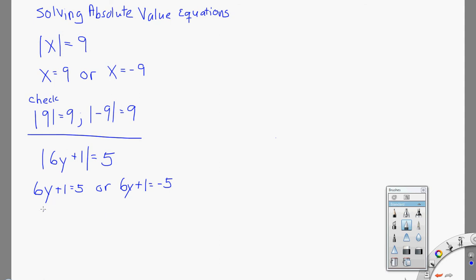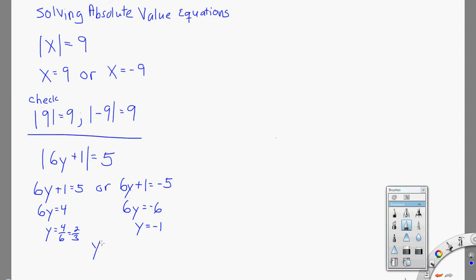That's it. So if we were to solve this, 6y equals 4, y equals 4 over 6, or 2/3. And we have to do this one, 6y equals negative 6, y equals negative 1.